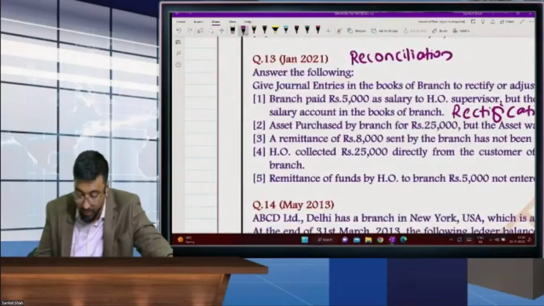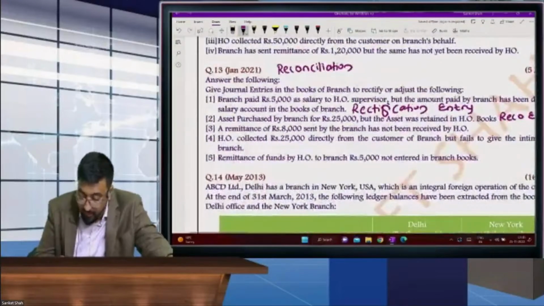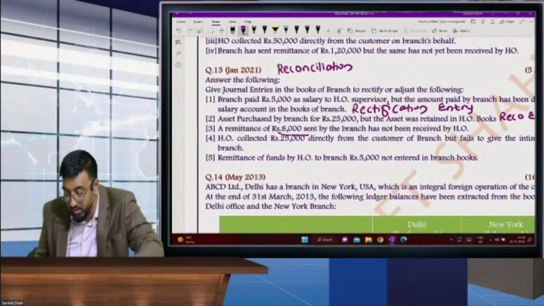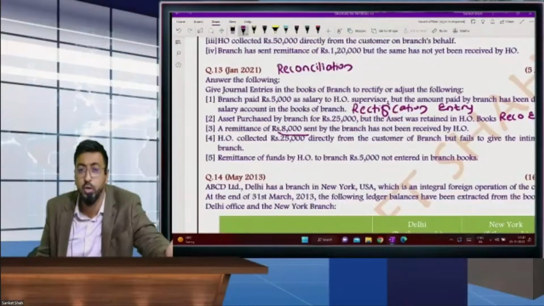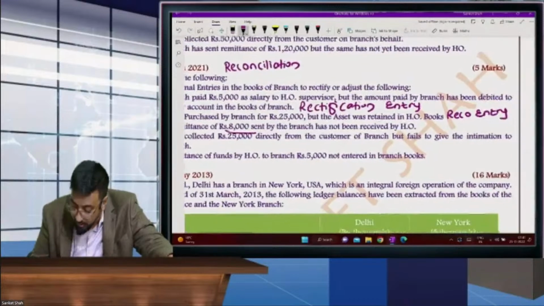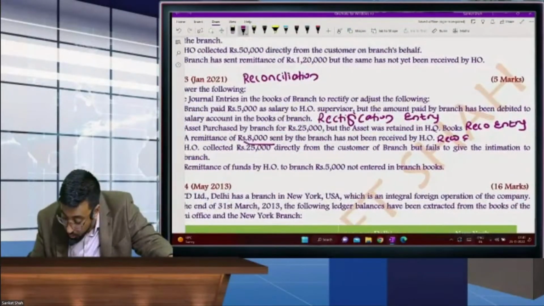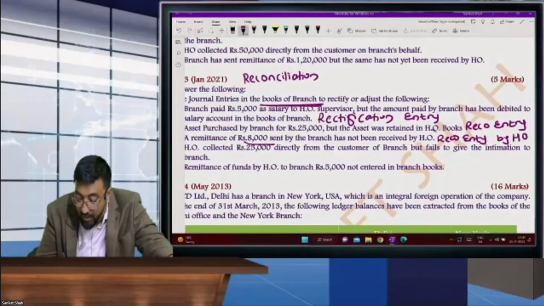This is RICO entry. A remittance of 8,000 sent by branch has not been received by HO. Okay. Who is going to pass this RICO entry? RICO entry by HO. By HO. And we want to rectify books of branch.